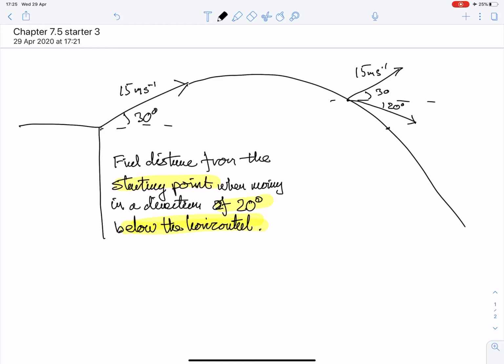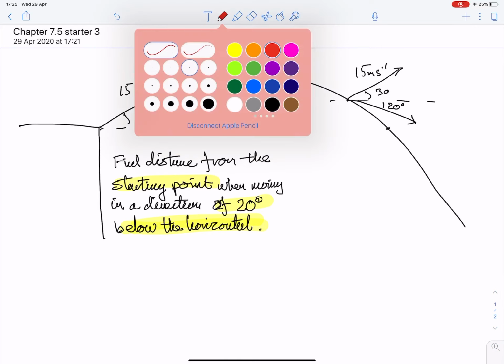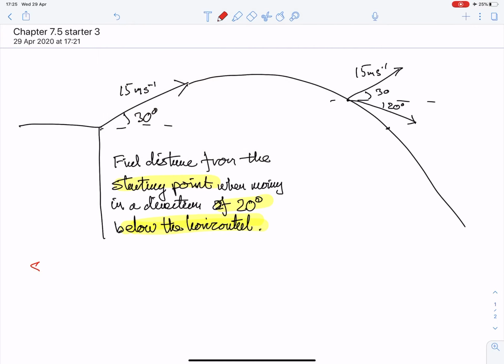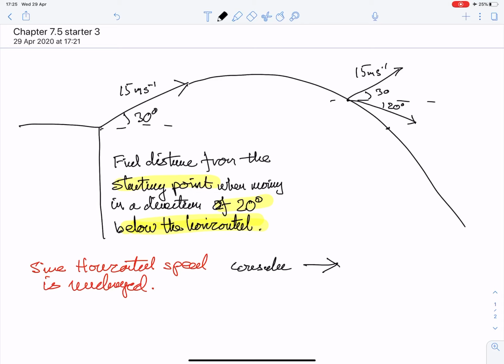Okay, now the usual way into this, as you know, is that the horizontal speed is constant. So since horizontal speed is unchanged, there's no acceleration in that direction, we're going to consider horizontal motion in that direction.